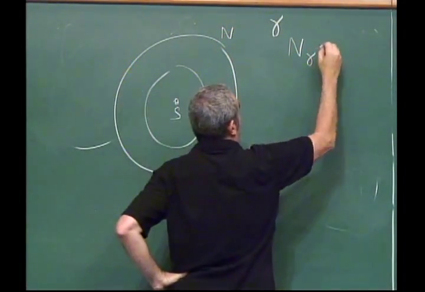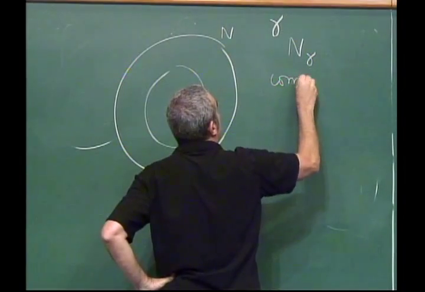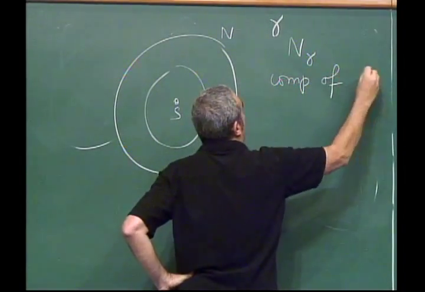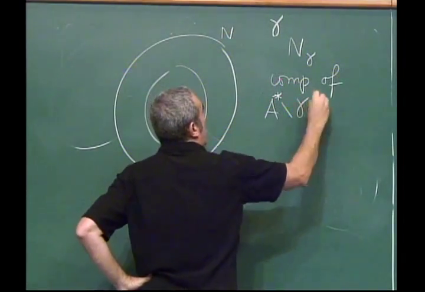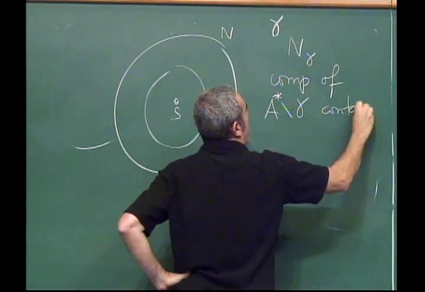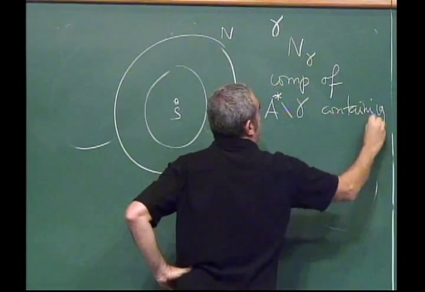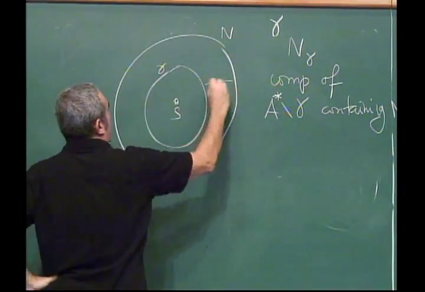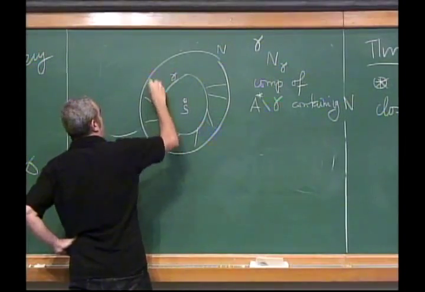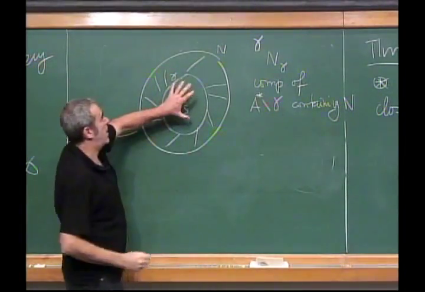The north of gamma is the component of A minus gamma containing north. In case gamma is like that, north of gamma is like that. Of course, south of gamma is the other.